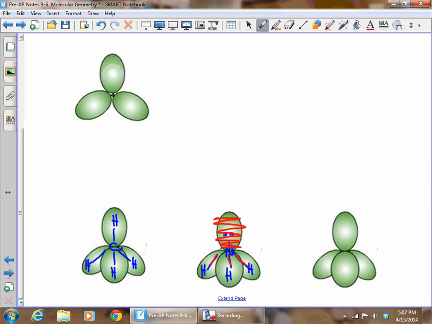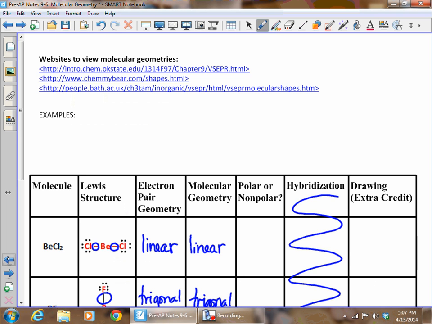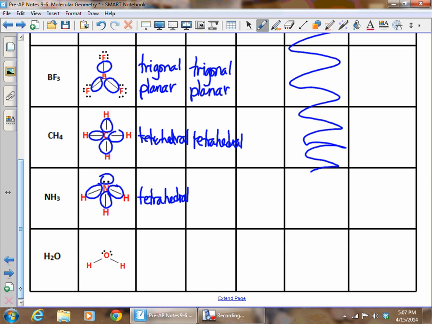And that is what it's called, a pyramidal structure. So pyramidal for the structure. Some textbooks call it trigonal pyramidal, but I just call it pyramidal.